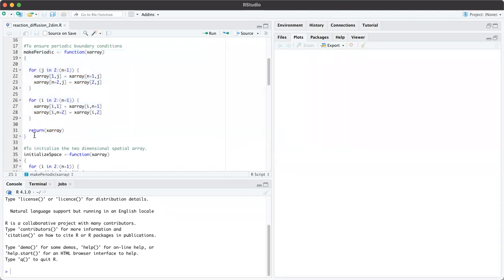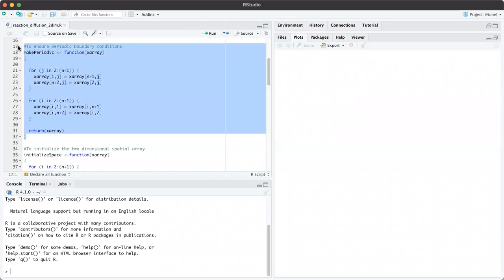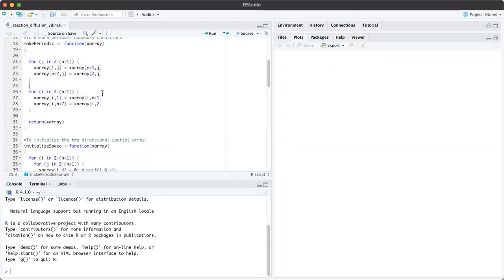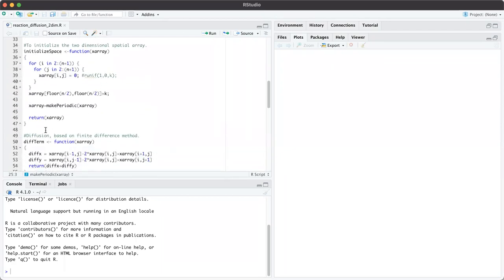Okay. So this implements the periodic boundary condition. It basically copies. It creates 2 extra arrays in your landscape and then stores the values there. Don't worry how it's done. You should read it when you have time. I won't explain that in detail. And what the next function does is initialization. What should the values be at different locations on the landscape?